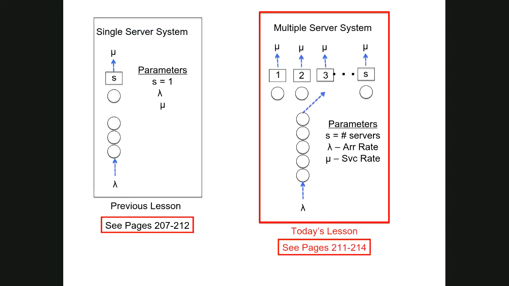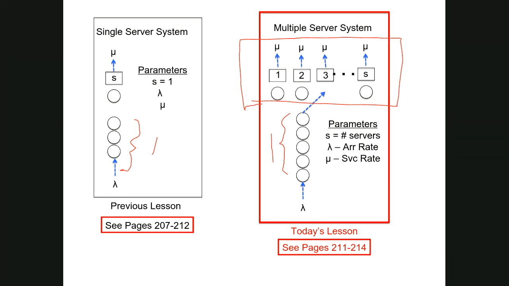So last lesson, again, this was what we studied. There's one server, one line, or one queue. And in what we're doing in today's lesson, there's still only one line. But in today's system, there are multiple servers. Now, the assumption is that each one of these has the same service rate.